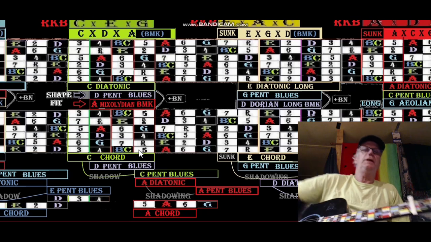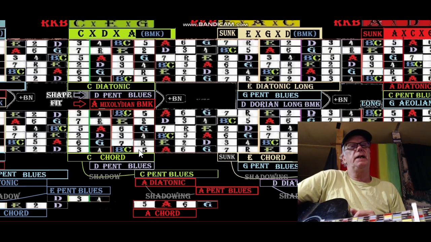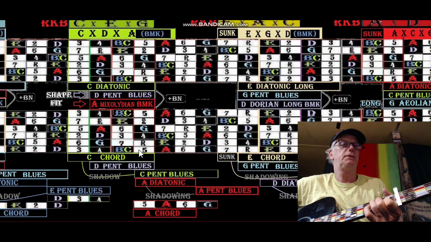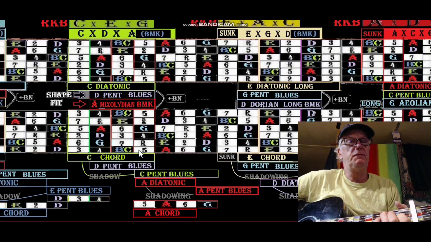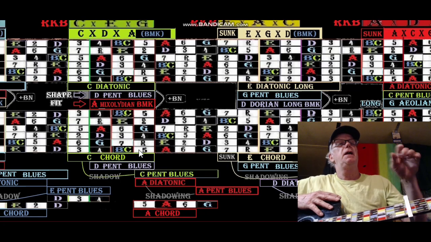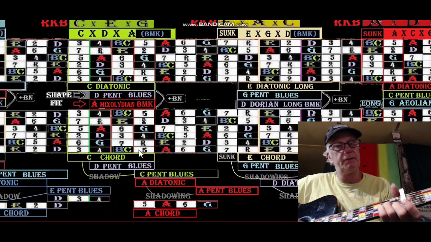Now, the rule is, for modal playing, if we have a C shape, then its relative minor is going to be the next advanced letter in cage, which is A minor.